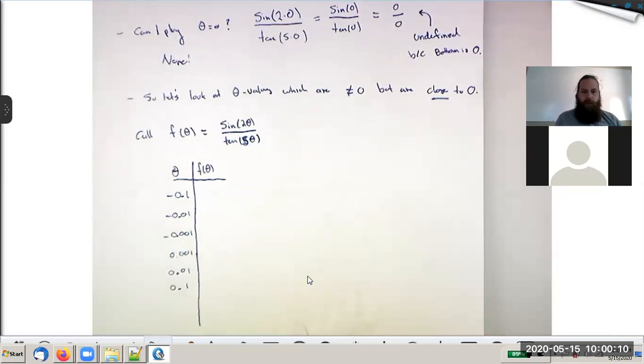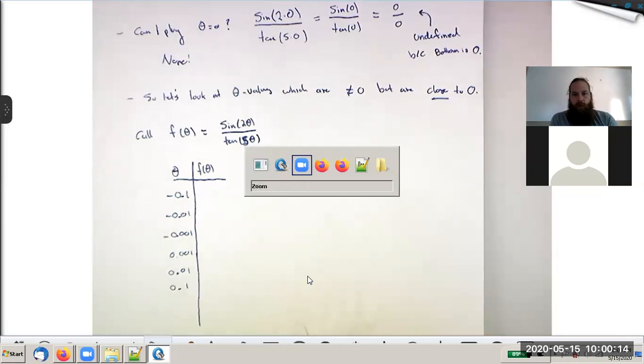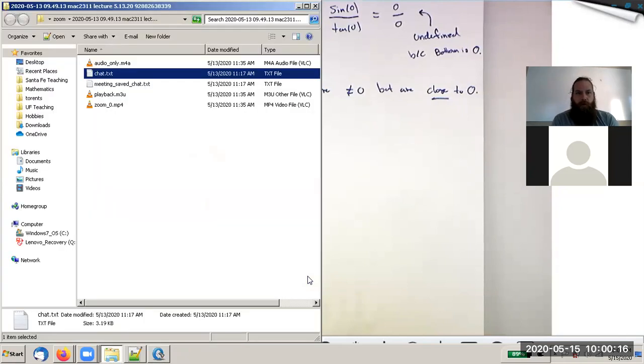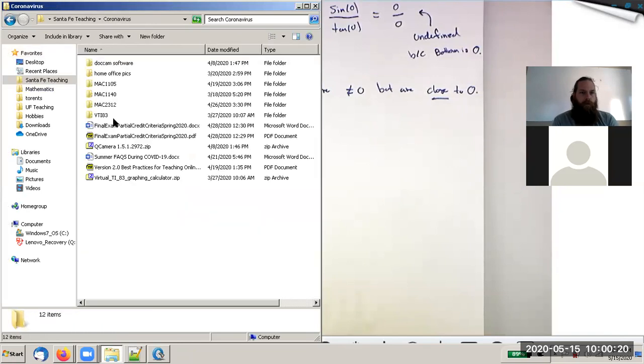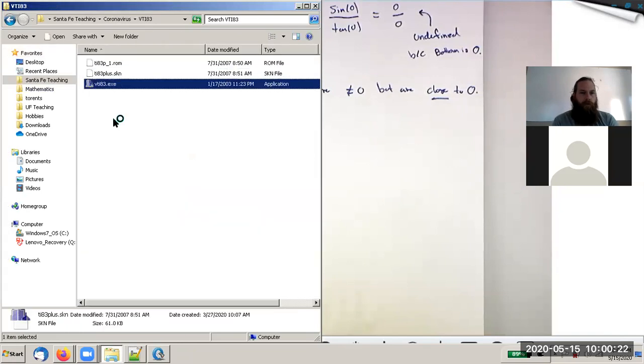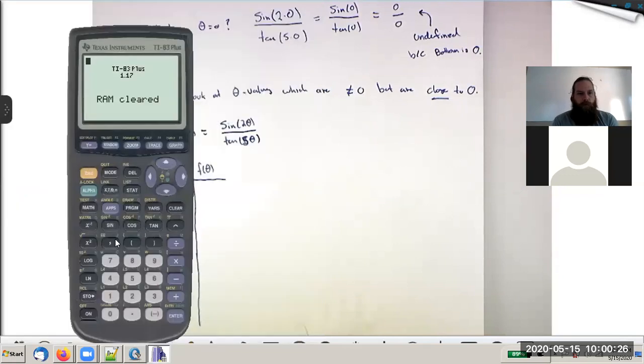We're going to want a calculator or something like that for this. So I will pull up my virtual TI-83. Sometimes the old tools are the best tools. So you want sine 2 theta divided by tan 5 theta.